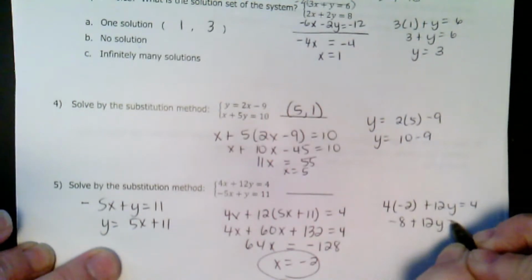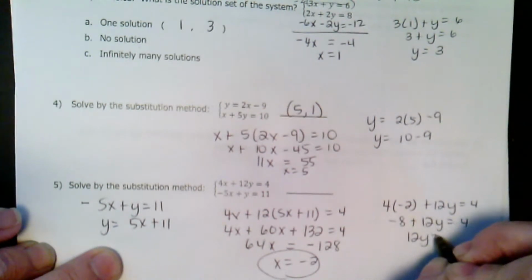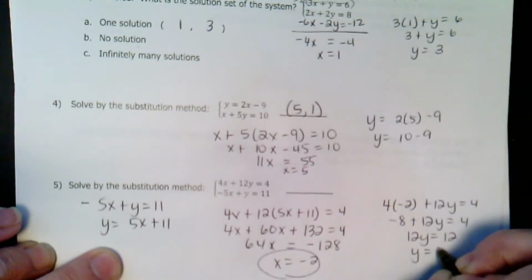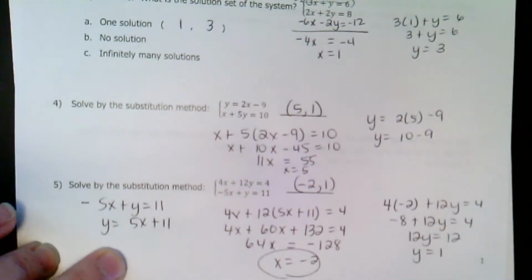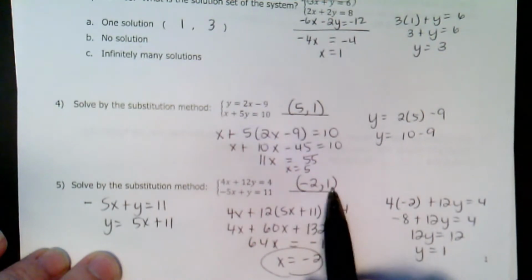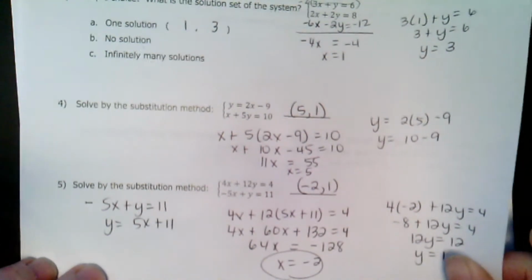I did that so I wouldn't lose it. And I get 1. So -2 and 1. And make sure this is your x and your y when you write them as an ordered pair.